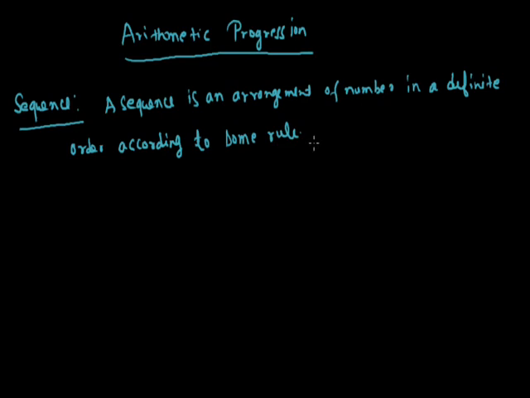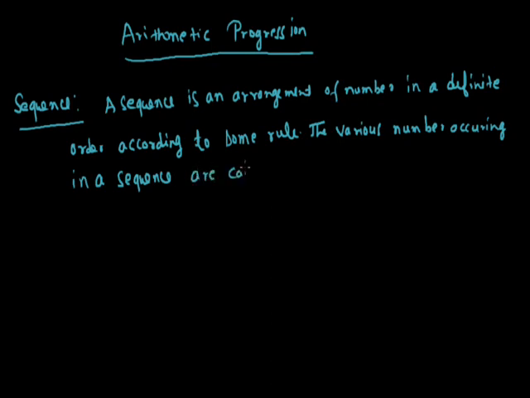So a sequence is an arrangement of numbers in a definite order according to some rule. The various numbers occurring in a sequence are called terms.